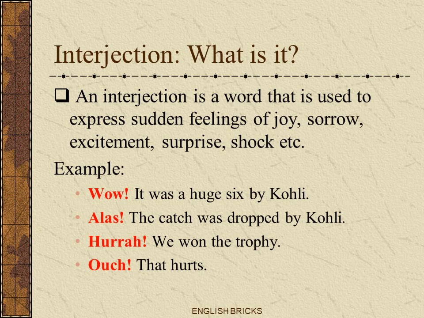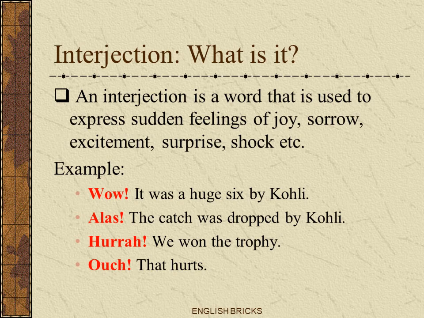Alas, the catch was dropped by Kohli! Now Kohli has dropped the catch, and this catch probably is a very crucial catch. So there's some sense of sorrow there. So you say alas. And you notice there are exclamation marks there. So it shows sudden feelings.